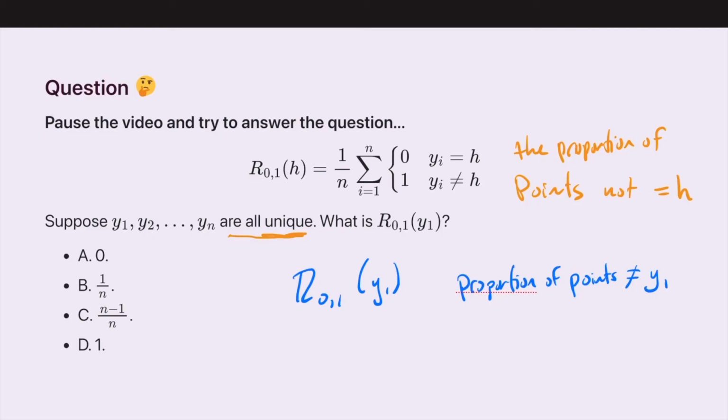So what does that look like? Well, we know we have n data points, right, from right there. And since it's a proportion, we care about doing division here. So we have n, and we know that we care about one data point in particular, so it's just n minus 1. And that's going to give us C as the correct answer.